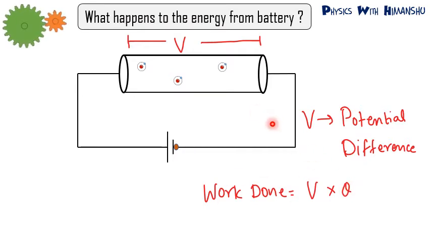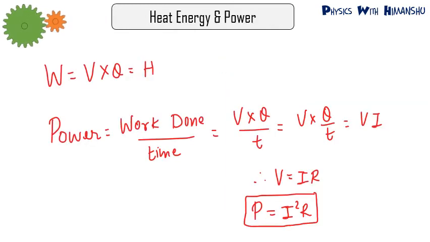Suppose I ask that an electron is moving in a wire, then in place of Q you have to put the charge of one electron. Work done is potential difference into charge, and whatever the work done, it will get converted to heat energy. So heat energy produced will also be potential difference into charge.